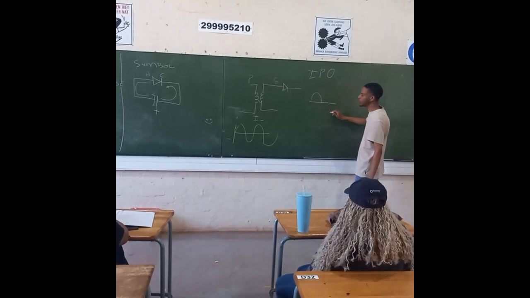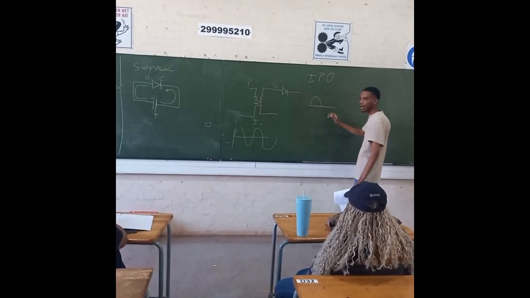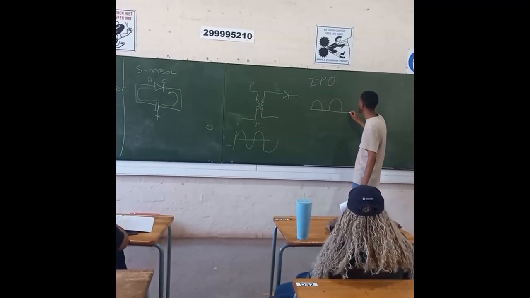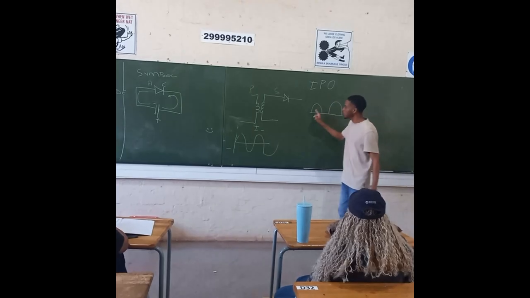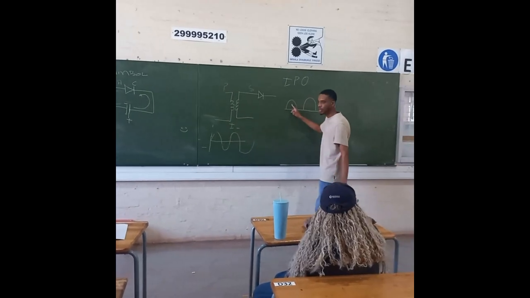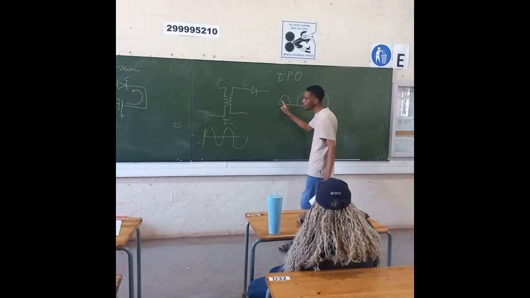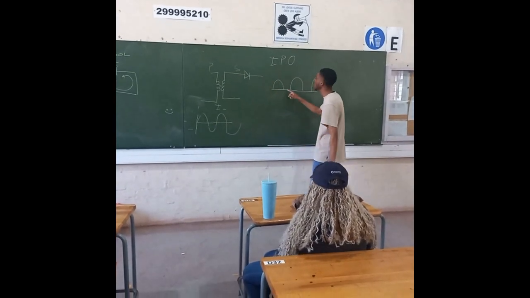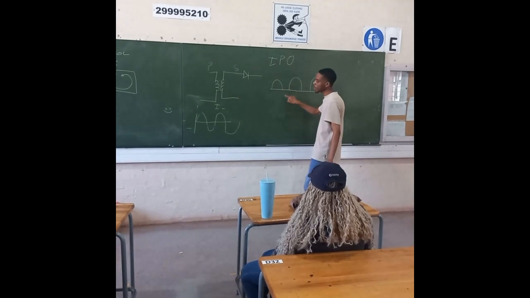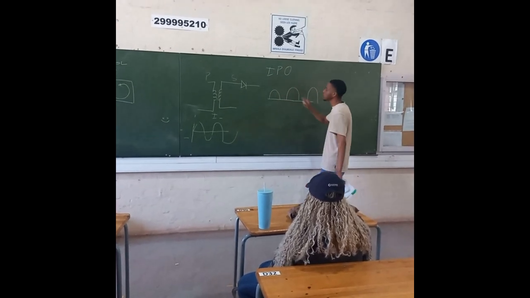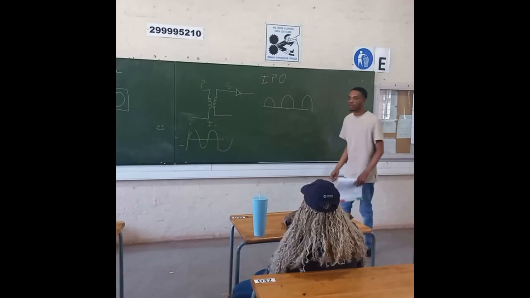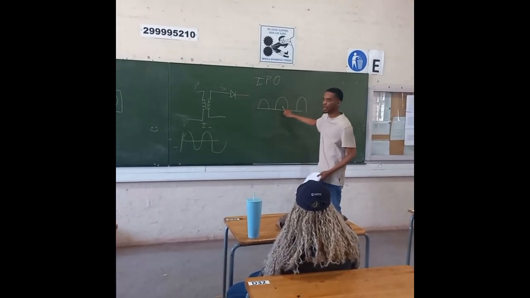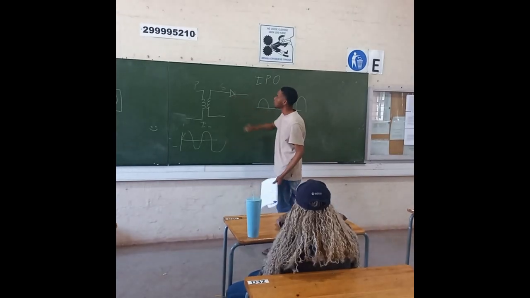Once it goes negative, the diode won't allow it. So for the positive, yes, we get this graph, and for the negative it's not going to allow it because it's moving in the opposite direction, so it's just 0 in this case. Once it becomes positive again, it conducts as it continues.